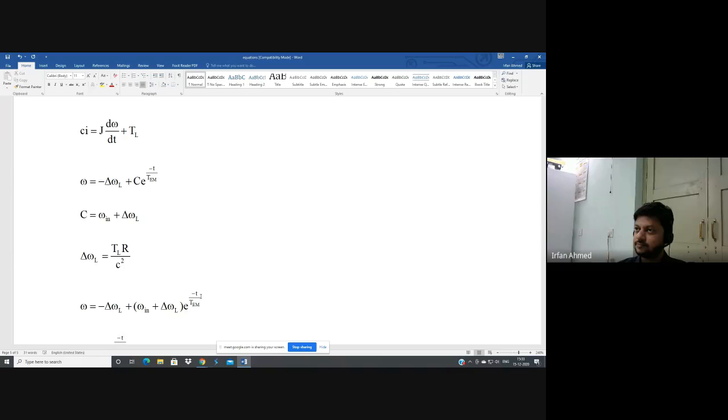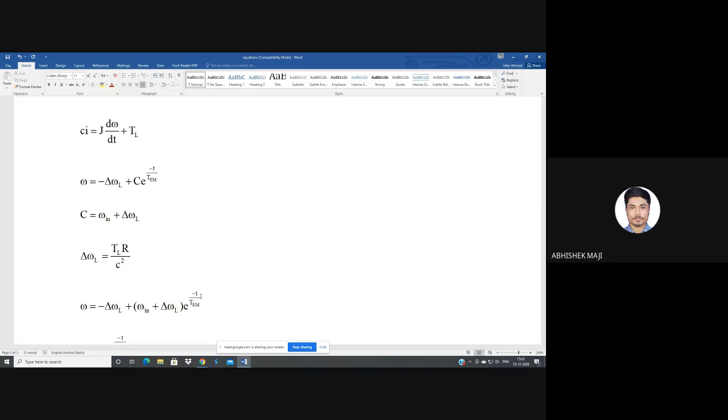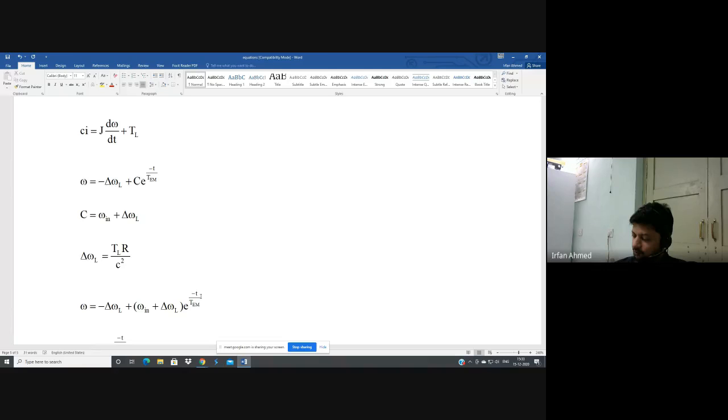Is it 0? Is it omega 0? It will be omega L if the motor is running under load, and if it is running at no load, then it is omega 0. Correct?